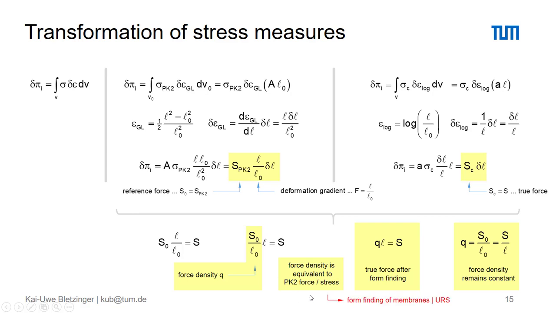And that, as a consequence, is the entry point to extend the ideas of the force density method to the form finding of membranes, where we take, instead of the force density initially defined for cables, the Piola-Kirchhoff stresses of second kind, which can straightforwardly be extended to two-dimensional stress states, as is the case in membranes. And the further step would be the updated reference strategy, which on this basis allows us to determine minimal surfaces.